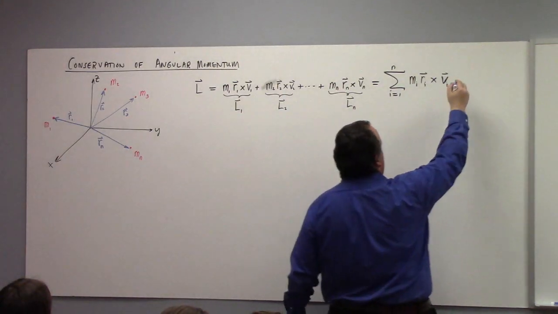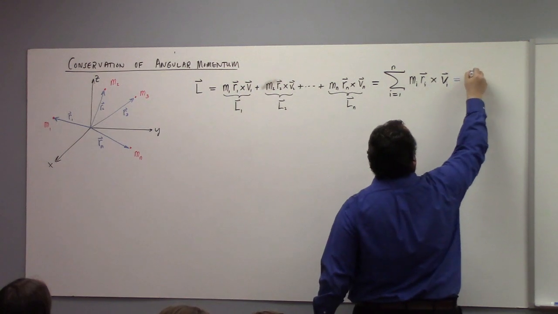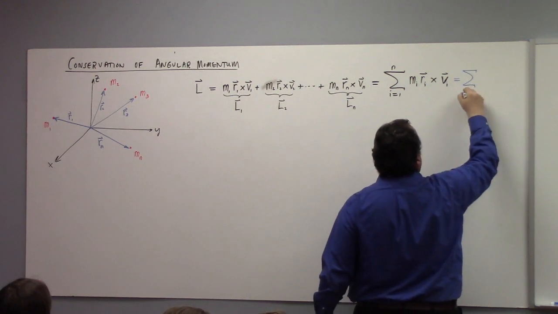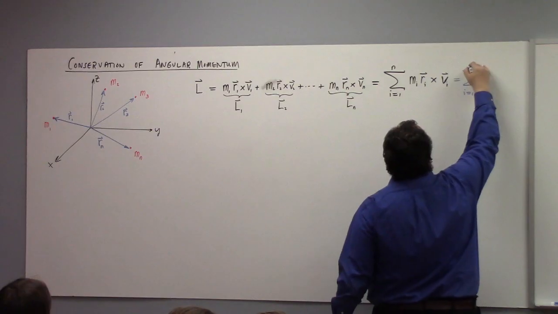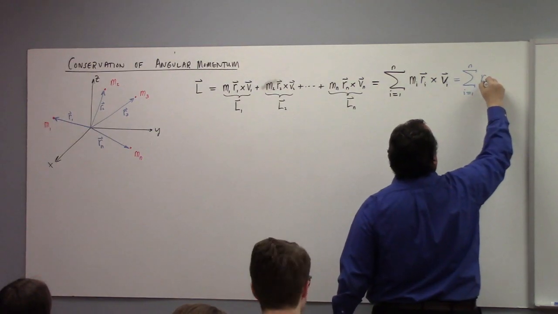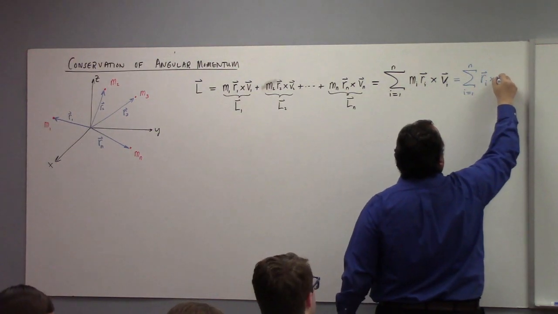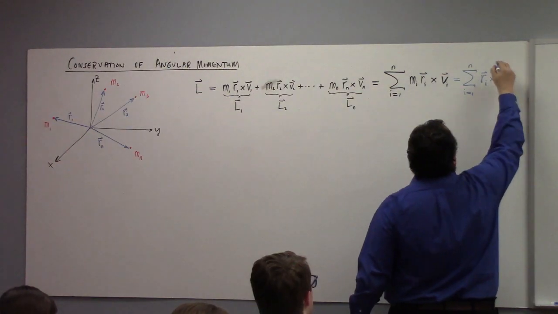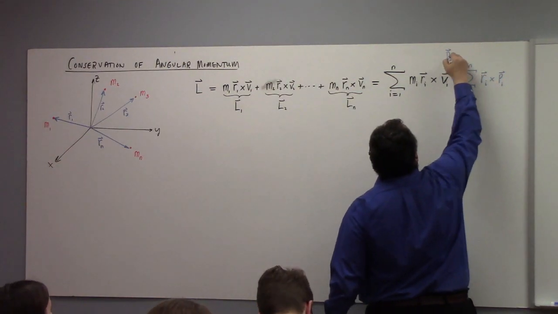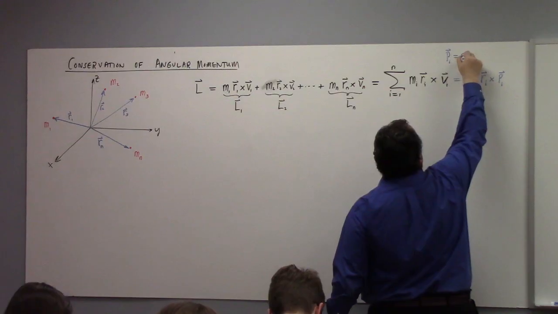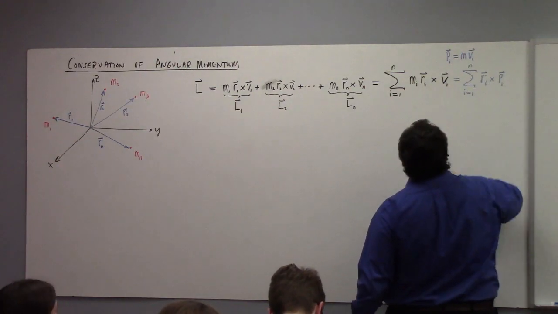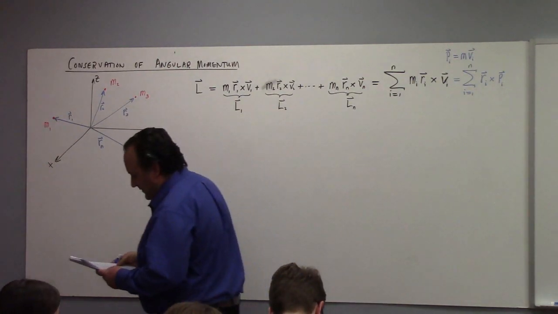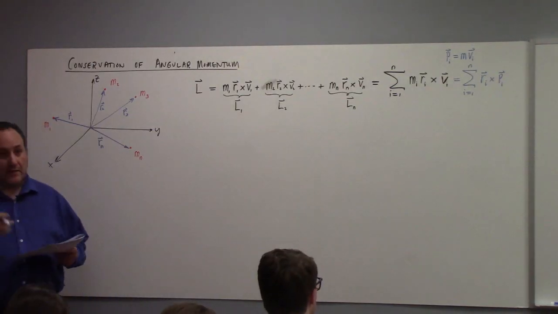Let me make a slight adjustment here: the sum, i equals 1 to n, of r sub i cross p sub i, where p sub i is equal to m times v sub i. It's the momentum of the ith particle here.